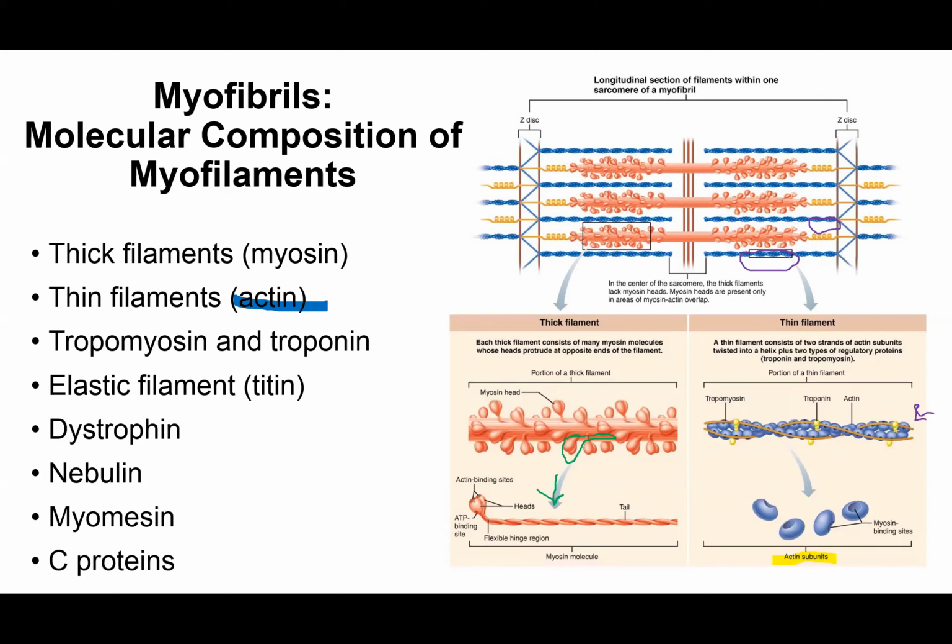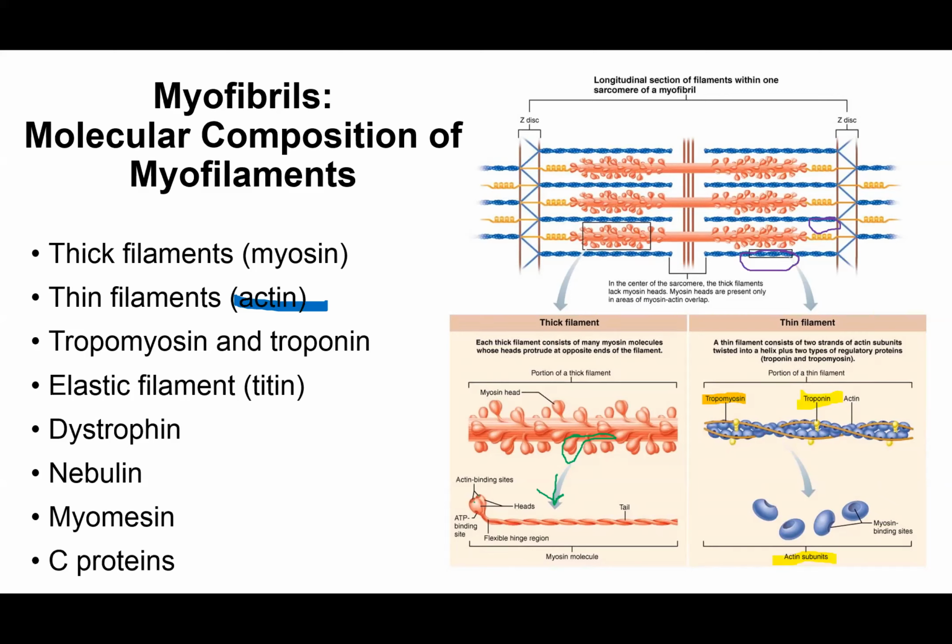Now, wrapped around actin are these molecules called tropomyosin and troponin. The tropomyosin is the orange looking thin strand that's wrapped in this helical shape around actin. And then troponin, which is what you see in yellow, also has a role in interacting with actin.